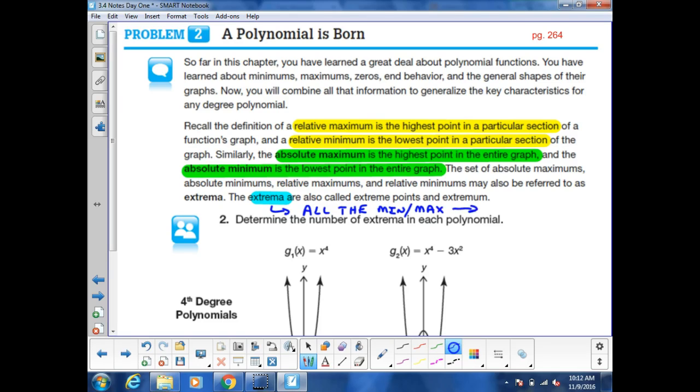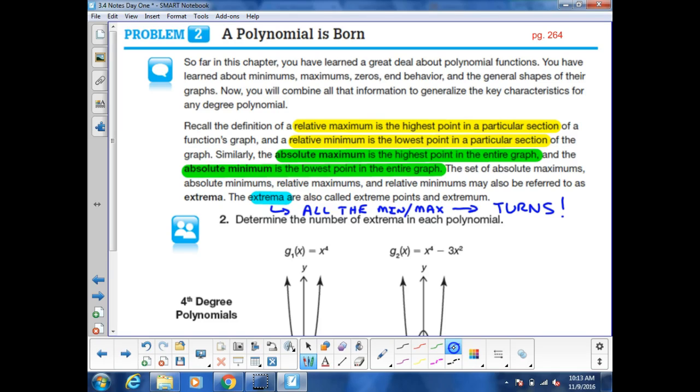Yesterday, we called those points turns. A minimum or a maximum happens at a turn. So the extrema is all of them. We just lump them all together.